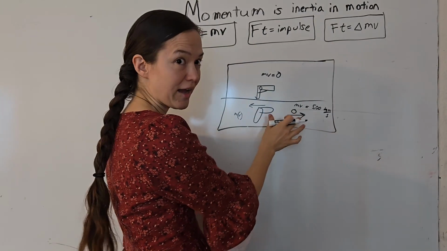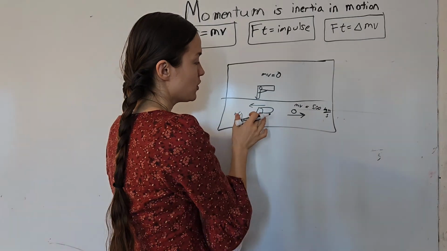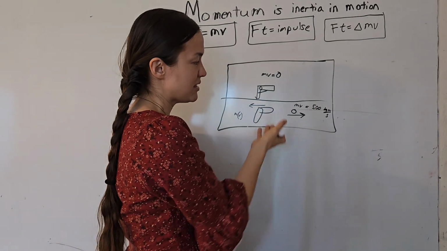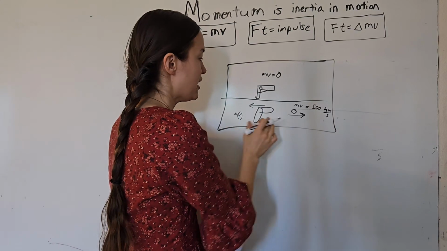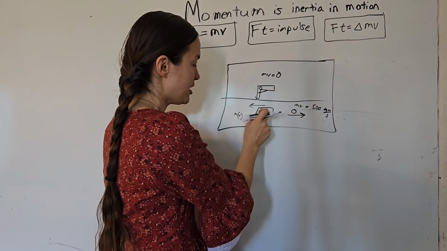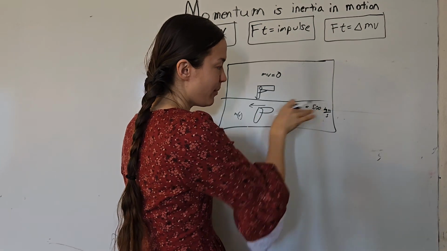Remember, they're vectors. With conservation of momentum, you can add up momentum because they're vectors. So we're not saying that conservation of momentum means that the bullet can't shoot. The bullet shoots, but the gun recoils. Think of it like a number line: the bullet's velocity is in the positive direction, and the gun's velocity is in the negative direction.